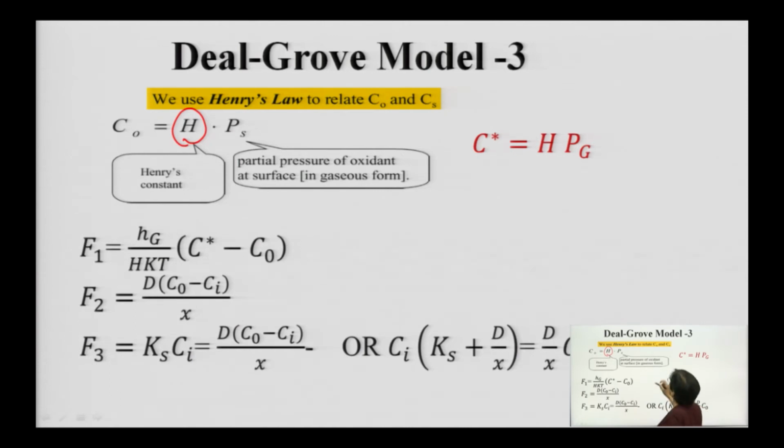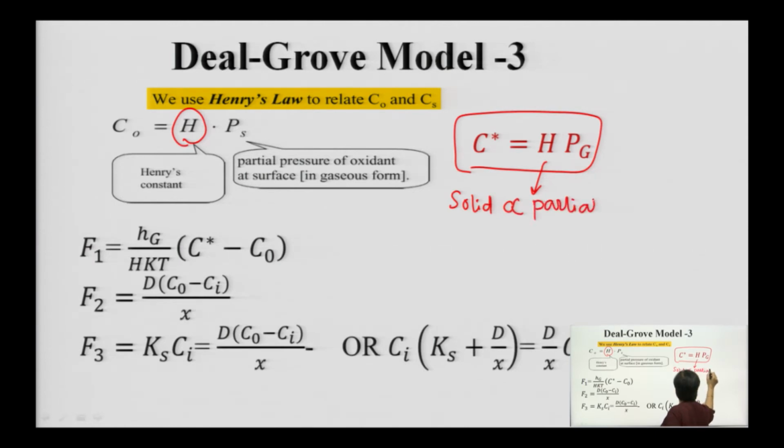Again, it is telling you that at equilibrium I can call it C star also. This is my Henry's constant, and under equilibrium condition the concentration of the species within the solid is equal to the partial pressure of the species within the surrounding.